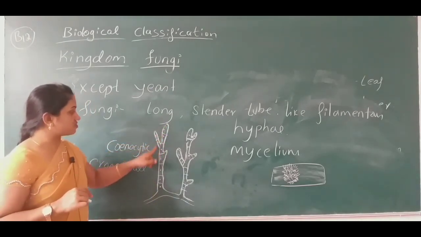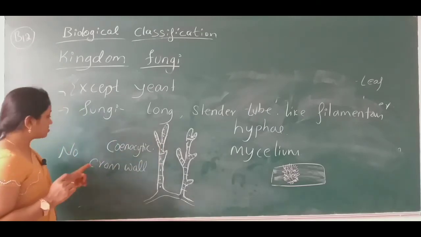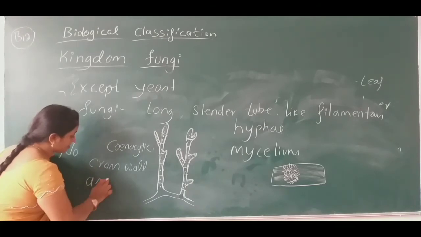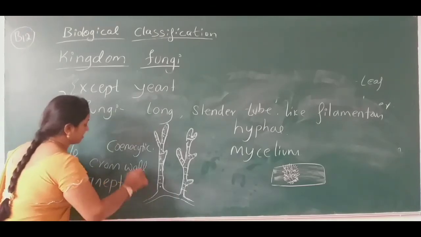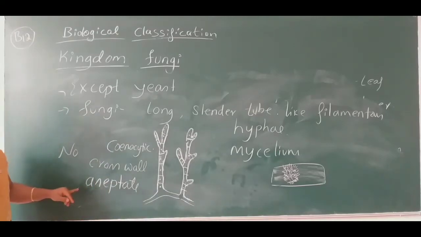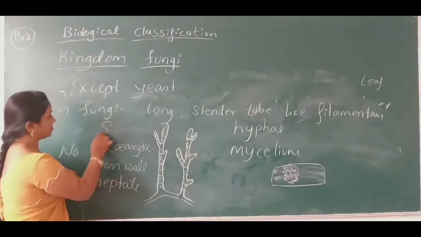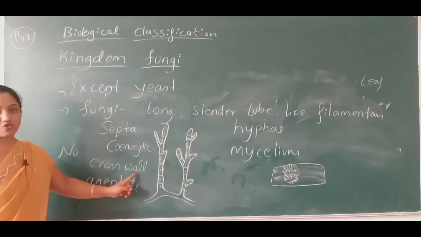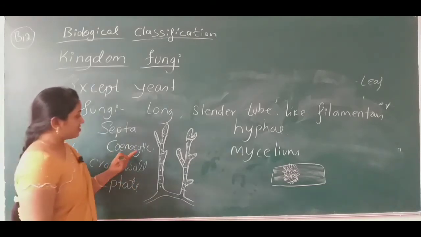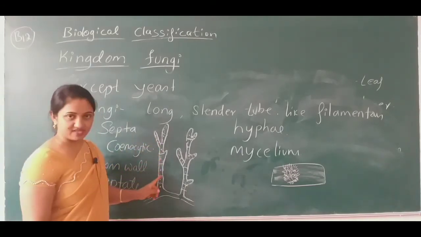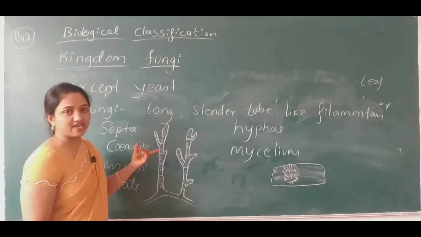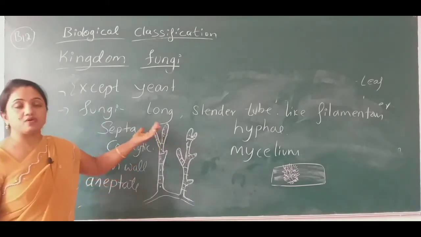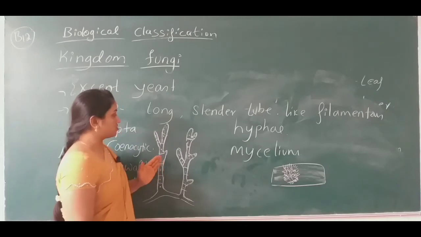If cross walls are not present, those kinds of hyphae or fungi are known as aseptate. A means absence of septa. Septa literally means cross walls. Those hyphae without cross walls will be called aseptate.